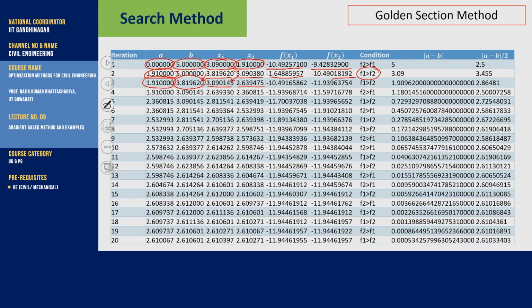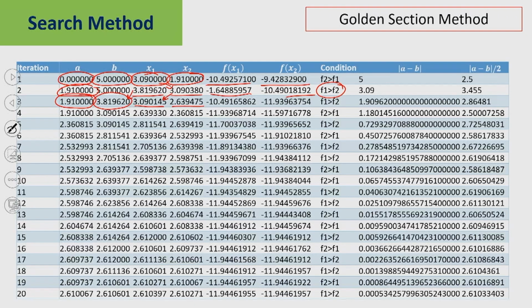So that means in every iteration you are doing only one function evaluation, because one point is a point which you got in the earlier iteration. In this case f of x1 is greater than f of x2, so accordingly you change your upper bound and lower bound. This is iteration 3, 4, then 5, 6, something like that. I have done it up to the 20th iteration, and you can see that the error is decreasing.